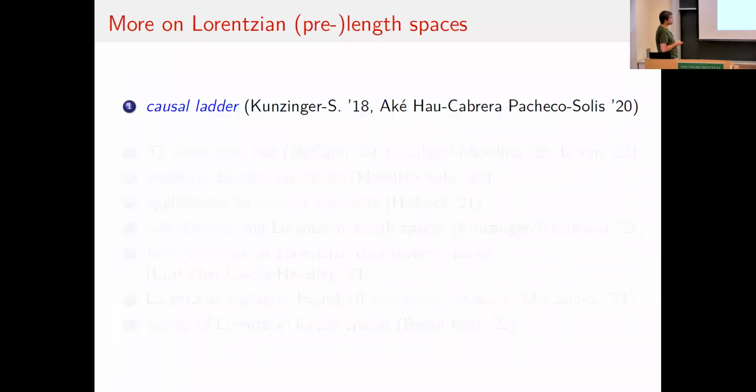Okay, so let me mention just some things which have been done for these Lorentzian length spaces. So we studied some of the causality conditions, and then Aké Hau, Cabrera Pacheco, and Solis actually established that more or less the full causal ladder holds. So we start with global hyperbolicity, which implies causal simplicity, which means that less-or-equal is closed, and so on.